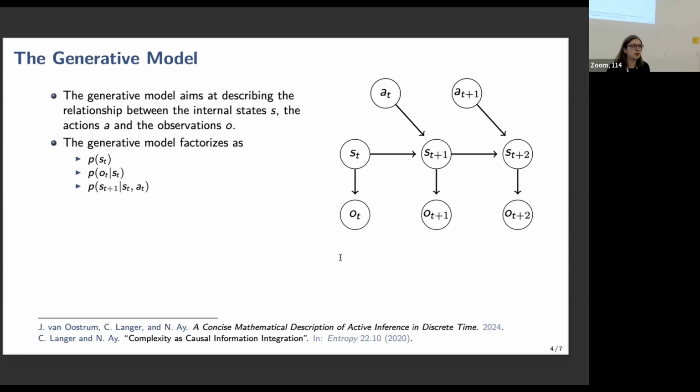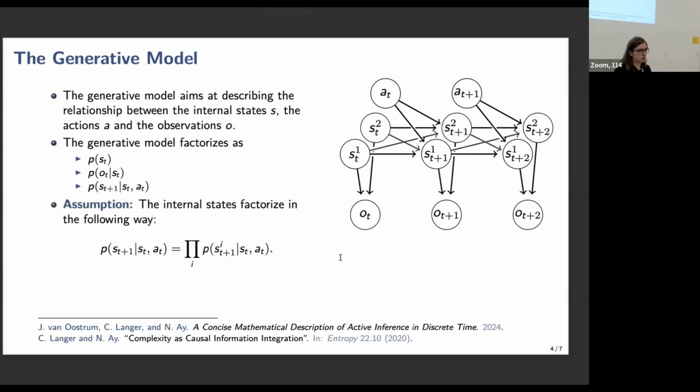So we somehow need different parts here that are connected so that we can sever this connection and make a partial system. Our one additional assumption here is that the internal nodes actually factorize, so that we have, for example, 2 internal nodes at each time step, S1 and S2, and that they are fully connected to the last point in time. In this way, we can now calculate an integrated information measure.